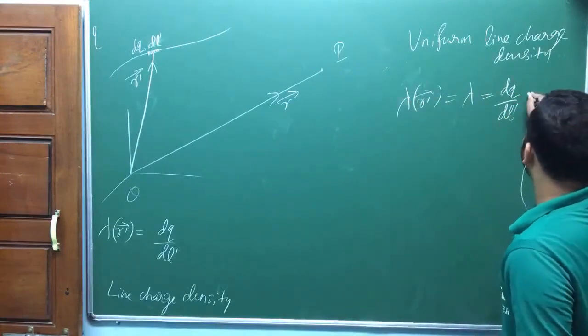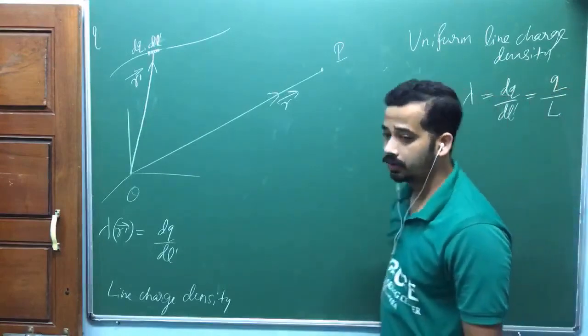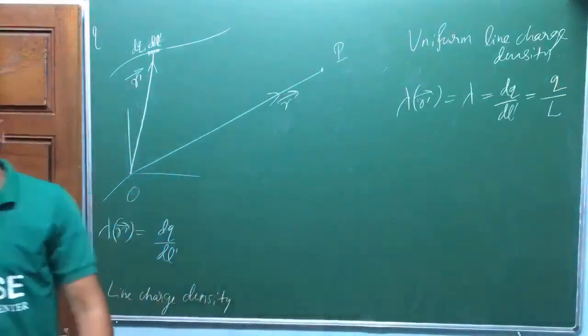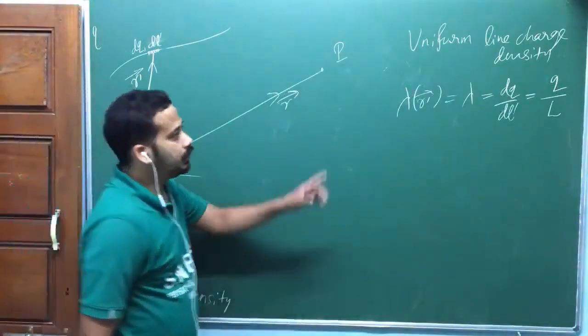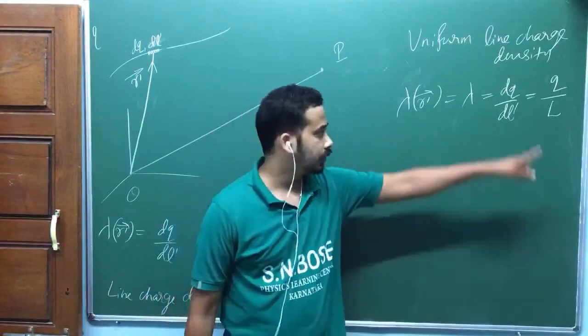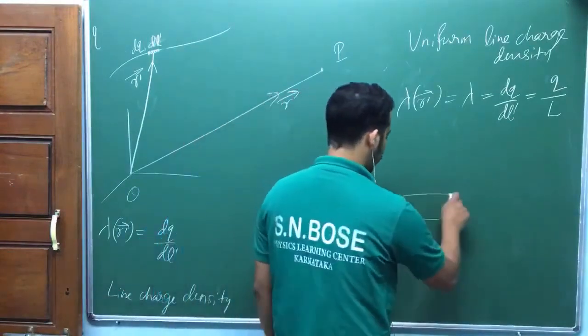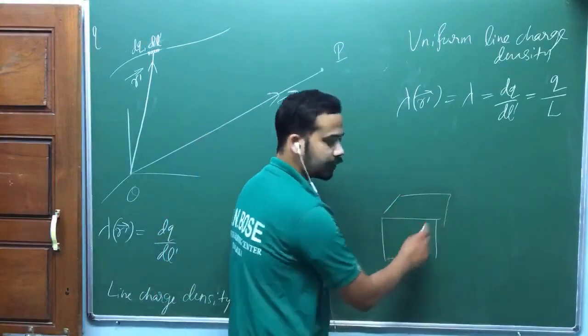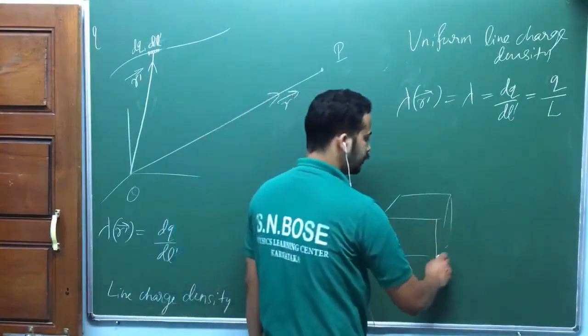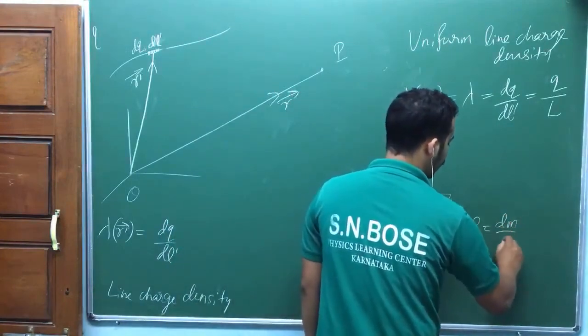If charge density is uniform, you can write this one as total charge by total length of that wire also. Is that okay? Whenever you have uniform density of whatever quantity you have, you can write like this. Suppose let me take a metal cube. I say this metal cube has uniform mass density, dm by dv.